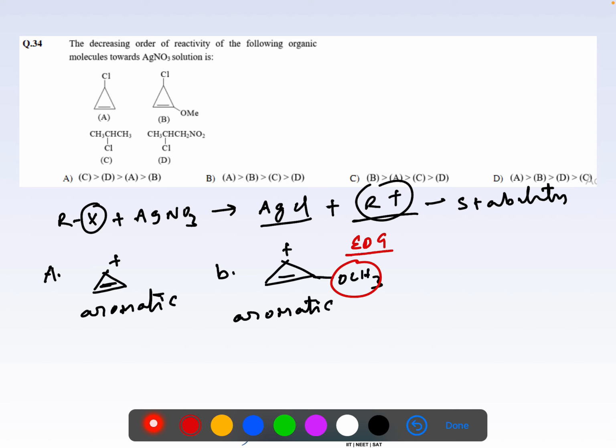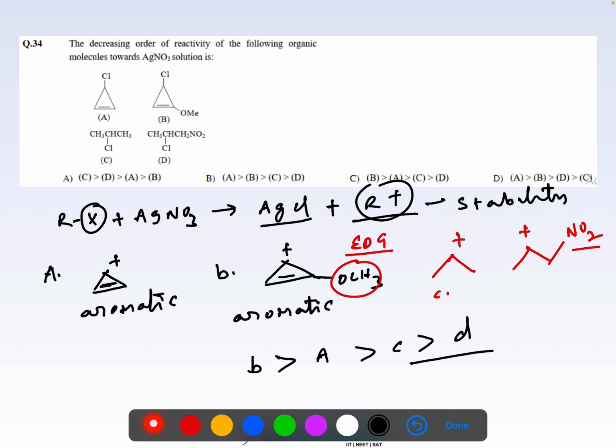So this is more stable than A also. And in C, you will be getting isopropyl cation, and in D, we are getting a secondary cation with NO2 group attached. Okay, so here the most stable is B, then A, then C, then D.